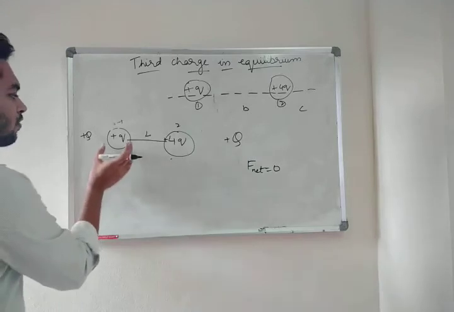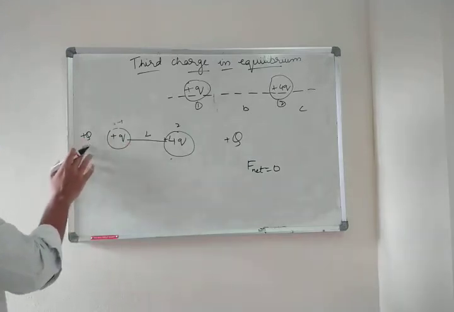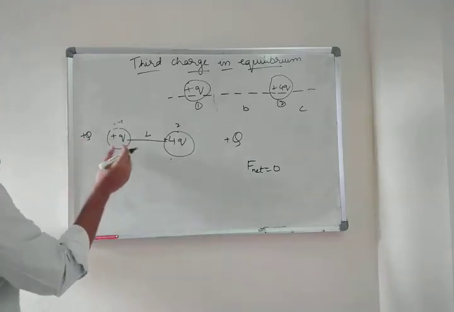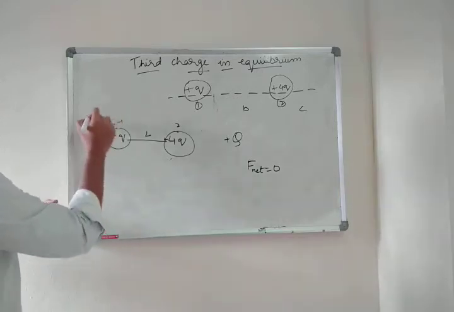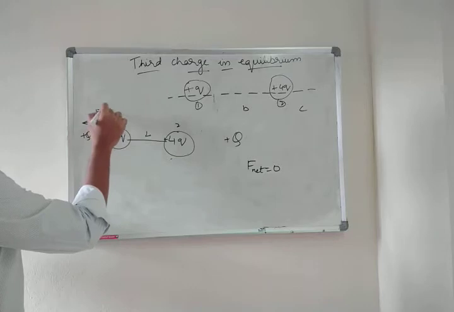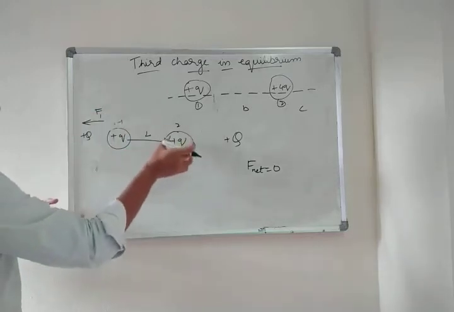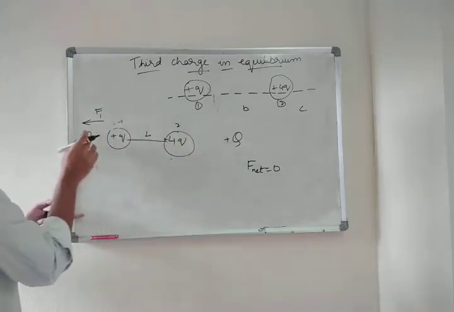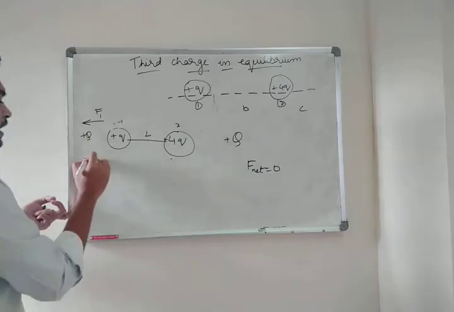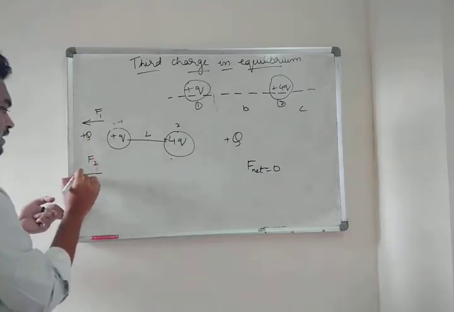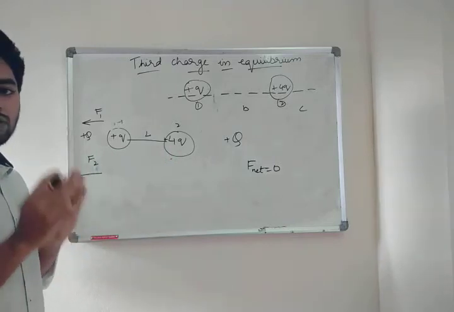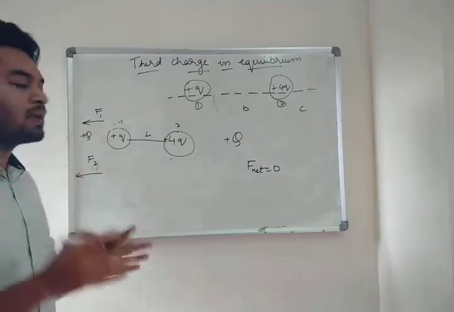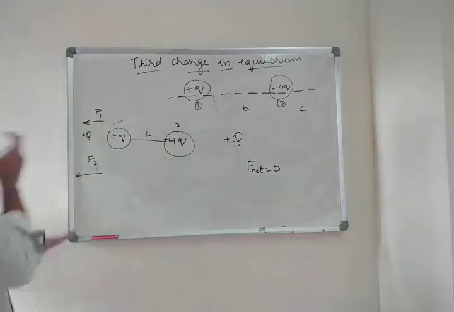Now how will this charge experience force on this one? It will repel. So the force F1 will be in this direction, and this 4q will also apply force on this charge in this direction, because positives don't attract, they repel. So this will push this charge in this direction.